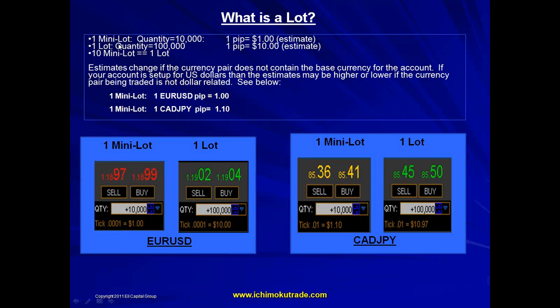If you're ever dealing with 100,000, just multiply that $1 times 10, and that's what each pip is worth. So 1 pip is roughly equivalent to $10 when you're dealing with a quantity of 100,000. When you're dealing with a quantity of 10,000, 1 pip is roughly equivalent to $1. Is everyone okay with that?